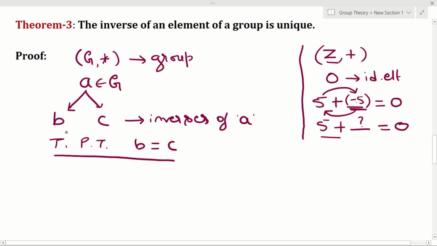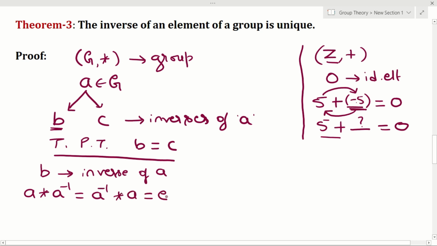Now we know that B is the inverse of A. According to inverse law, what is inverse law? A star A inverse is equal to A inverse star A is equal to E, the identity element.